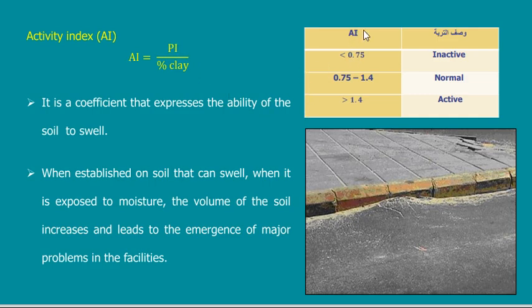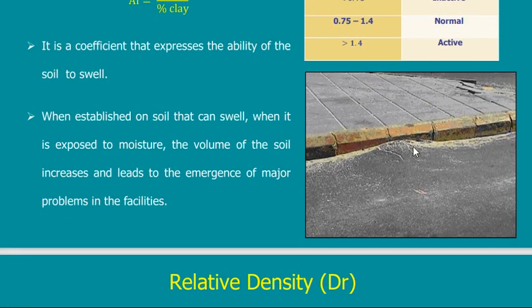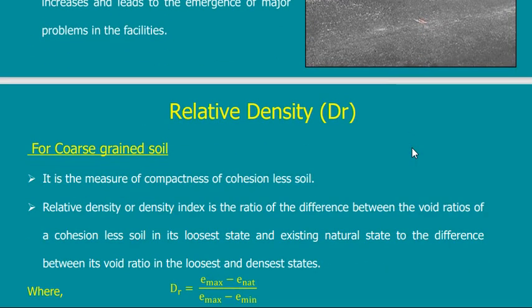If AI, which is the activity index of this soil, of this clay, is less than 0.75, then it is not active. If it is between 0.75 and 1.4, then it is normal. More than that, it is active. So this is another soil property that is very important in our use of clay material in any project, because it affects the swelling of the clay.